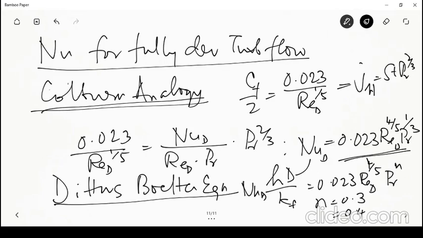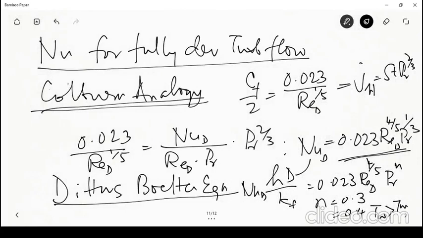In case of the fluid being heated, that is when the wall is hotter than the fluid, when T_wall is greater than T_mean, you get 0.4, and when T_wall is less than T_mean, you get 0.3.